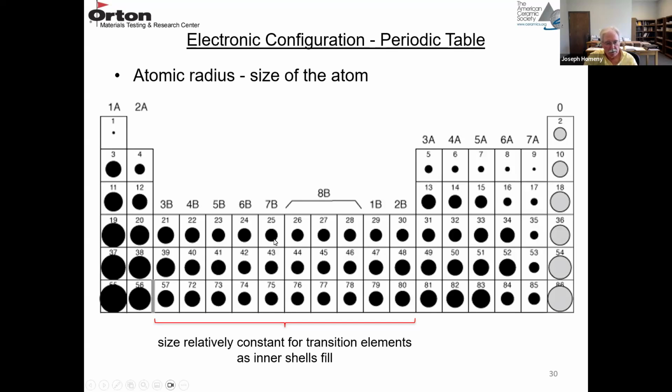The transition elements in the center here are pretty constant in diameter because you're filling the inner shell, a D-level shell. So their size is relatively constant as you're filling inner shells in these transition elements.